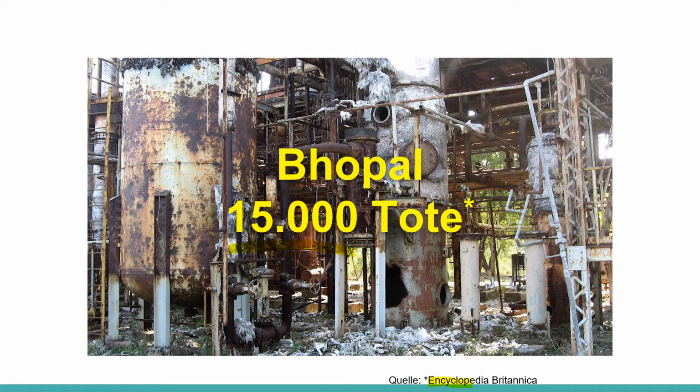I took the number from Encyclopedia Britannica. There are some higher and a few lower numbers there, but we don't want to know that in detail. We know that this simple chemical reactor was able to kill thousands of people. So if you have technical systems, you always have a chance that things go wrong.